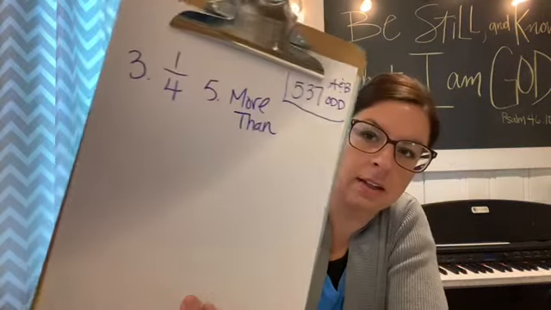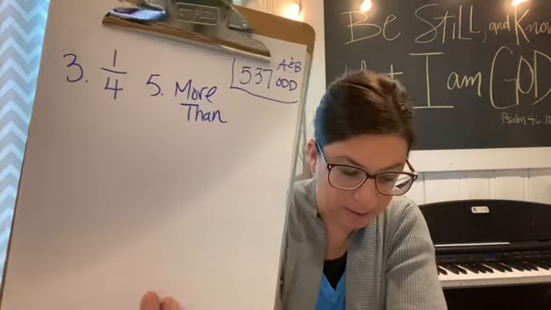Number 5, do more or less than 1/2 of the months begin with M, A, or J? That would be all of them added together, and it's definitely more than half. So more than.